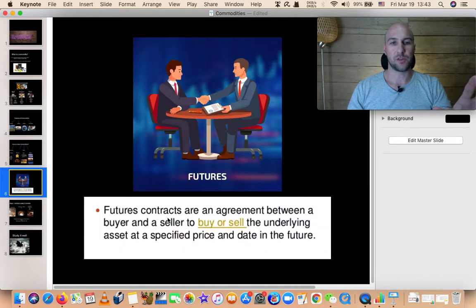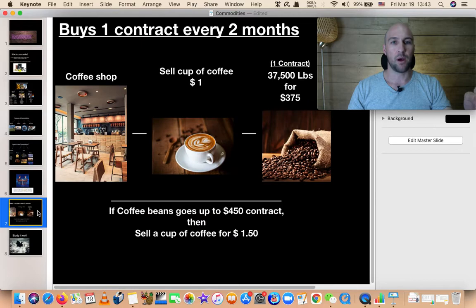futures contracts need to be bought in contracts, because you buy an amount of them. As I mentioned earlier, you will buy 37,500 pounds of coffee, and you will buy a contract to handle that amount of coffee.